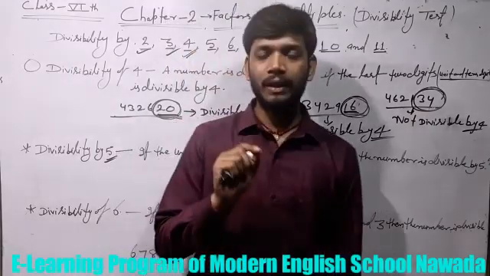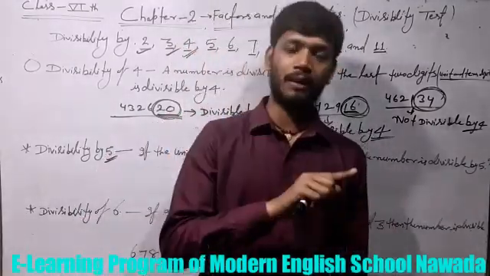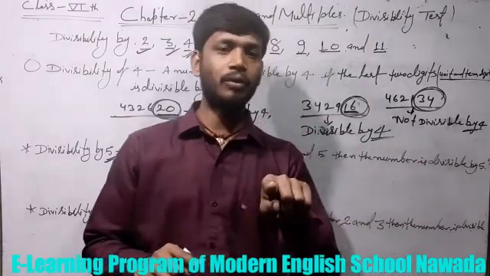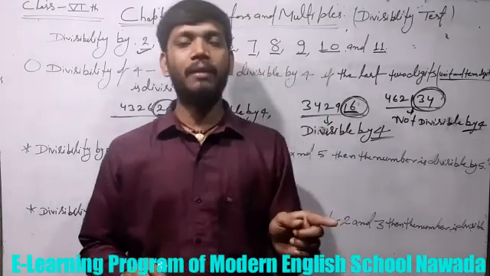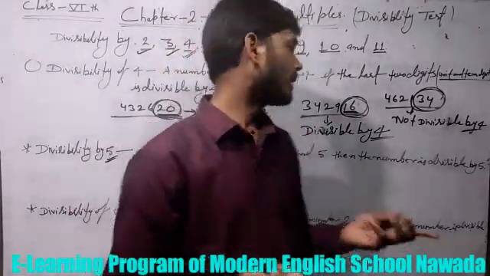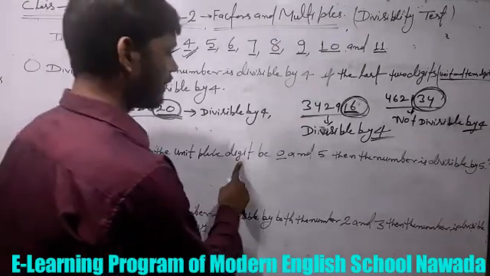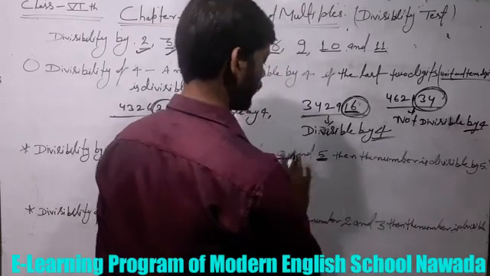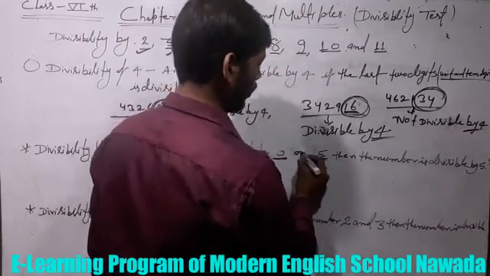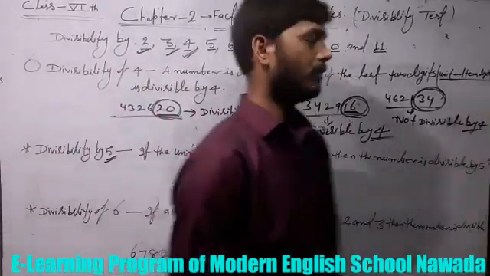If the unit digit of any number is 0 or 5, it is divisible by 5. Simple. Write down, if the unit place digit is 0 or 5, then the number is divisible by 5.